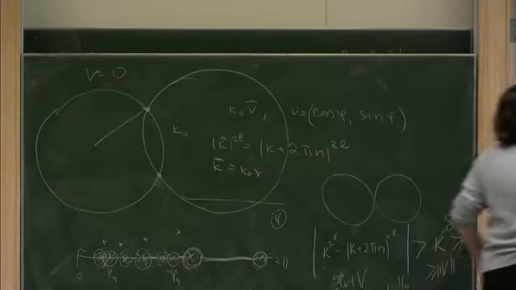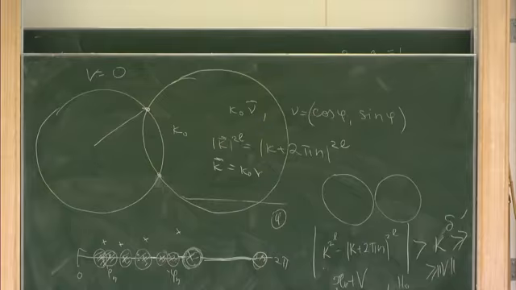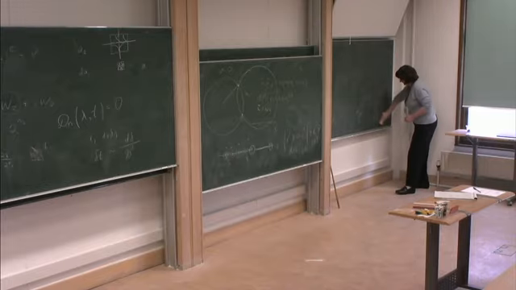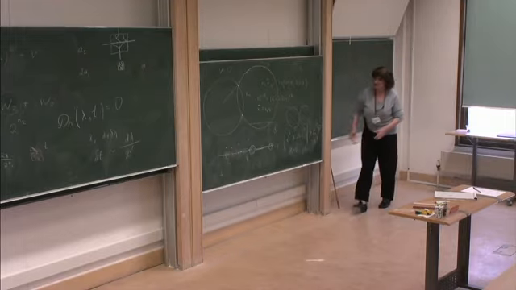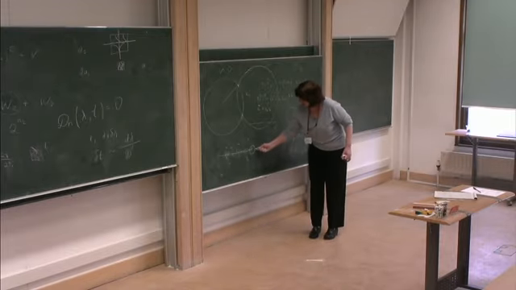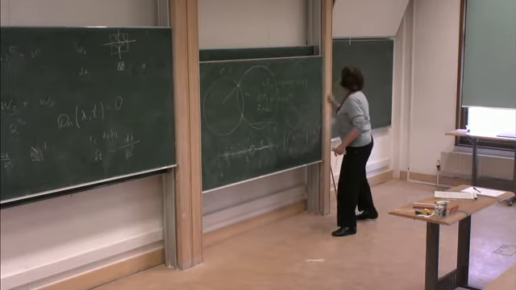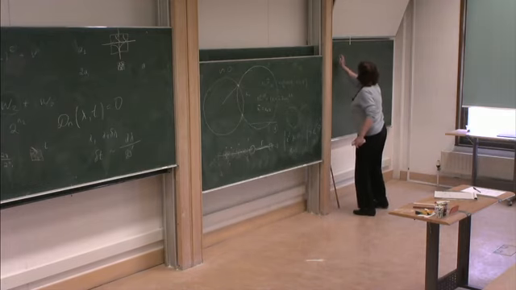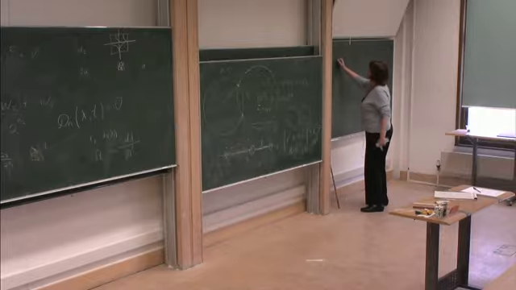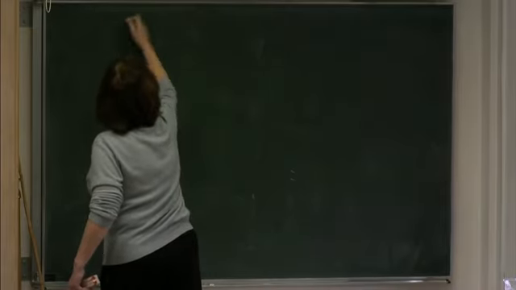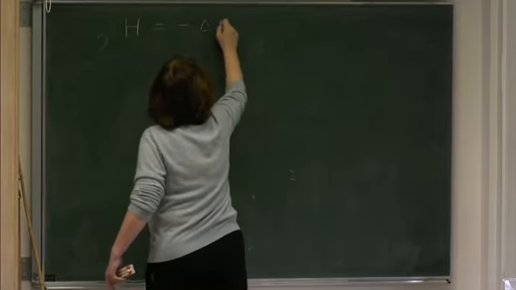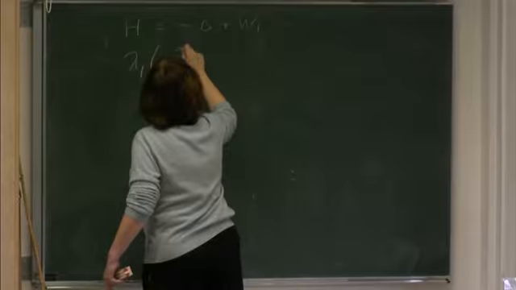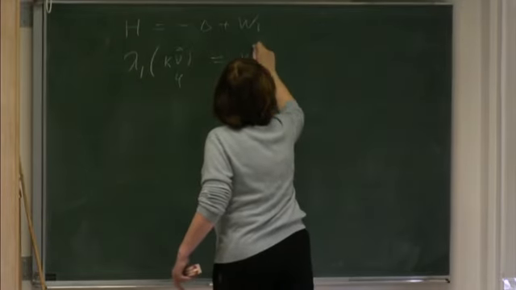I only say to you now that if phi is not in this disk, suppose phi is somewhere here, so we say phi is not in a resonance set, and phi is real, then there is an eigenvalue of the operator H minus delta plus W1, and this eigenvalue of K nu corresponding to phi is close to K squared.